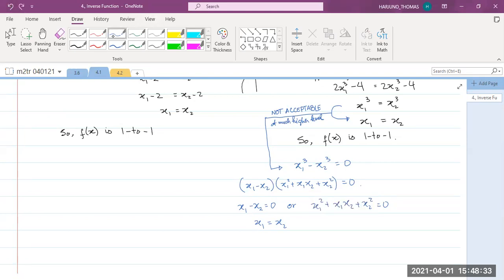Now, the way I solve that will be, I will use the quadratic formula. It could be a bit confusing. Let me change x1 becomes a and x2 becomes b.